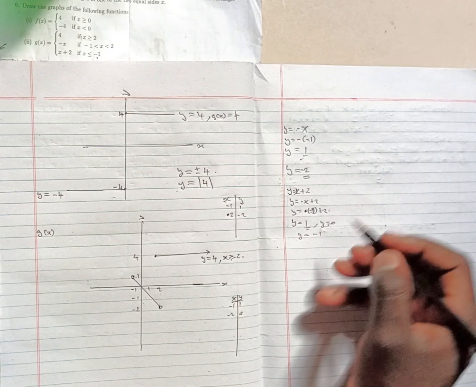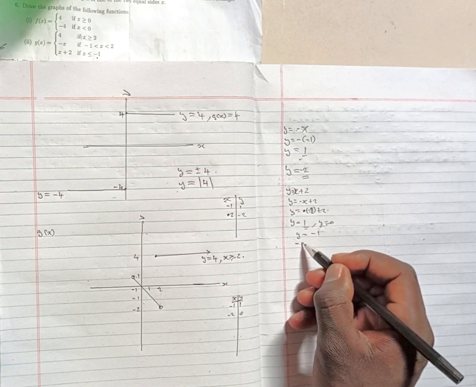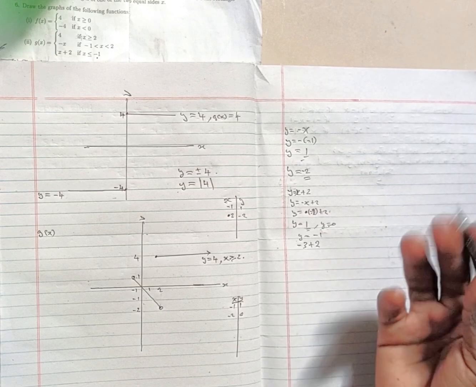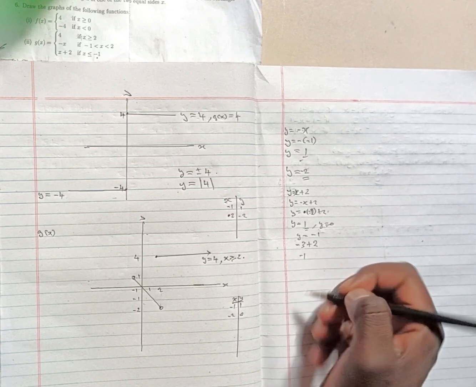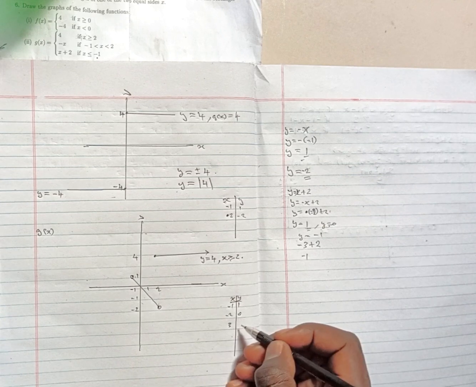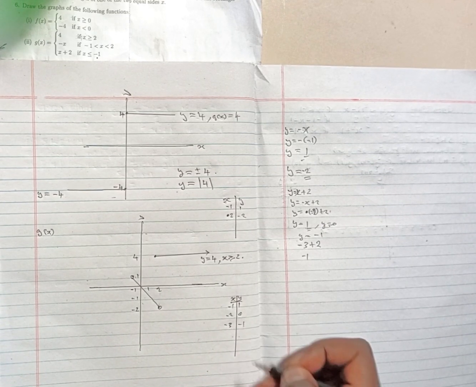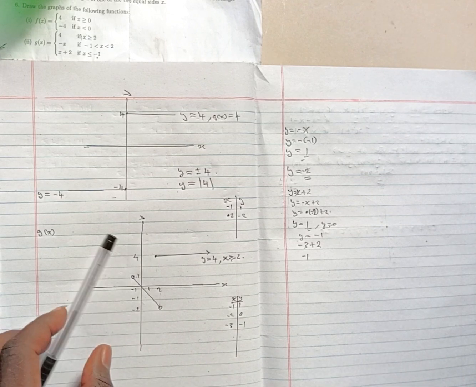As you know, the laws of algebraic expressions, negative 3 plus 2 means you subtract but maintain the sign of the bigger number, which is negative 1. So if x is negative 3, you have negative 1. Anyway, these numbers are enough, so we can try to graph.